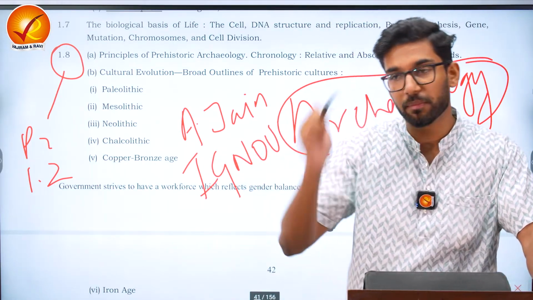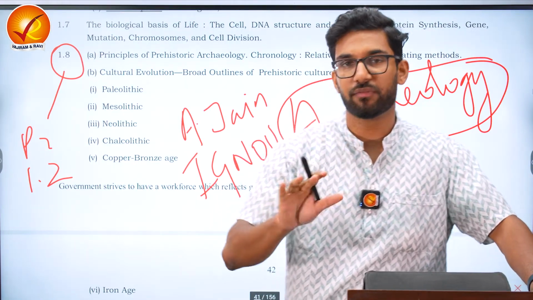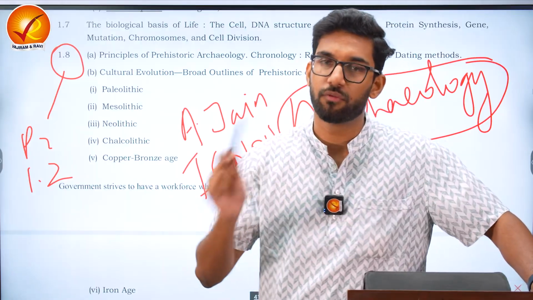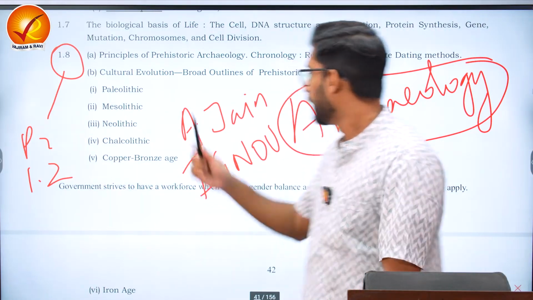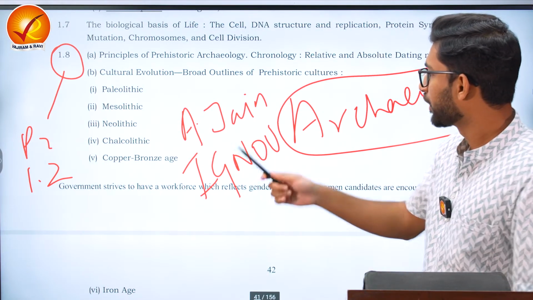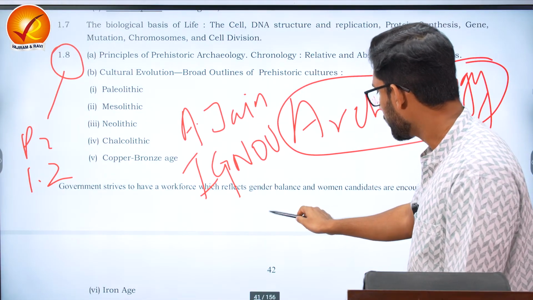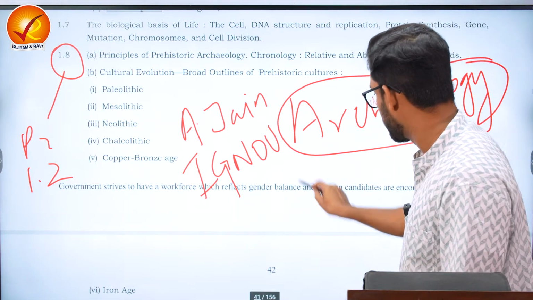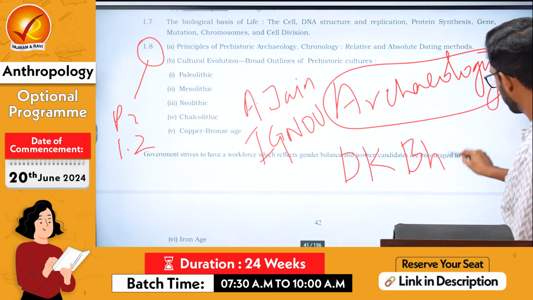But if you memorize, you would reap the benefits. You would get high reward for learning archaeology. So 1.8 and paper 2 1.2 are very important. I refer to Akshay Jain sir's book and then IGNOU notes. There is another book called Prehistoric Archaeology, by the author D.K. Bhattacharya.